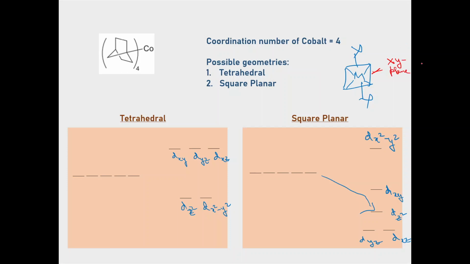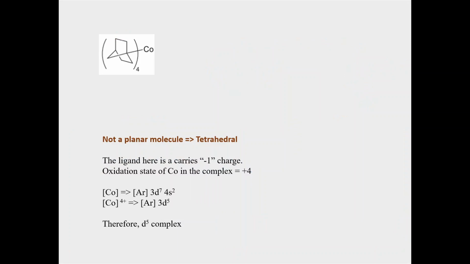So now, can you tell me that this norbornyl ligand, is it a bulky ligand or a very small ligand? Bulky ligand, right? So will it be possible for all four ligands to come in the same plane? No. So what is the geometry of this complex? Tetrahedral. Okay, so tetrahedral is the geometry for this complex.